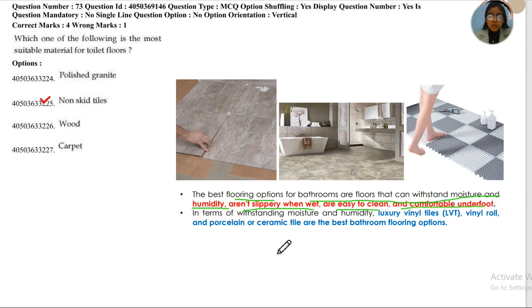Some materials which we have listed are luxury vinyl tiles, vinyl roll, or porcelain or ceramic tiles, which are the best bathroom flooring options. So the flooring options should be non-skid tiles.